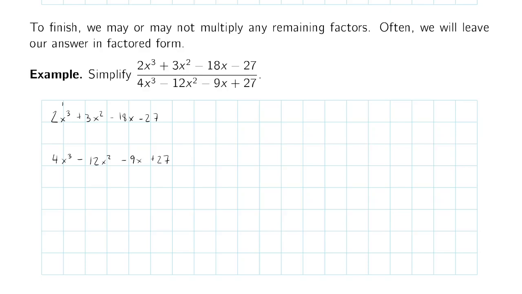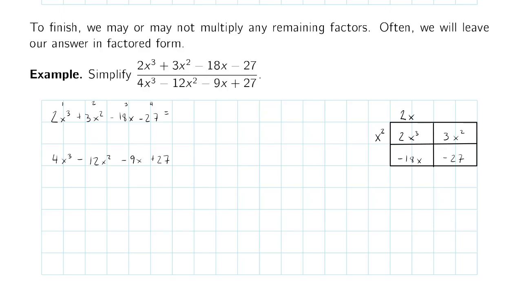Now each of these has four terms, so we're going to try to factor each of them by grouping. Our first one, filling in the terms 2x^3, 3x^2, -18x, -27. Our first row, our greatest common factor is x^2. What times x^2 gives me 2x^3?